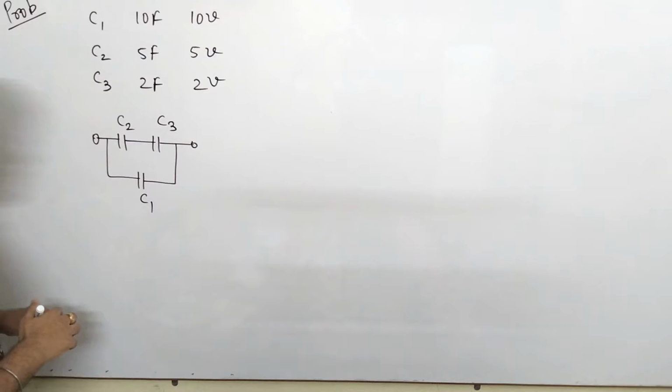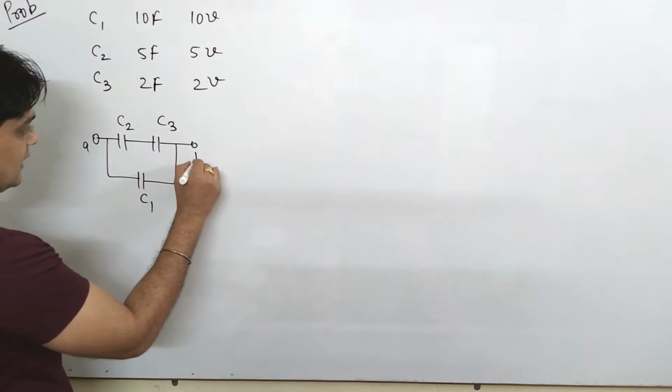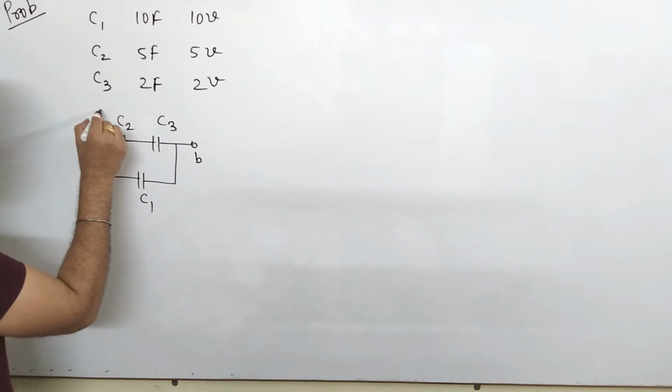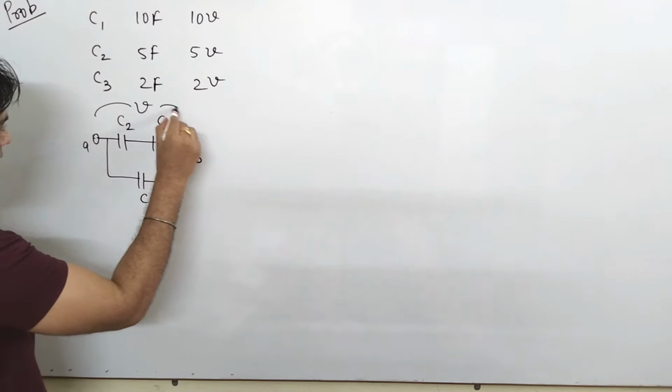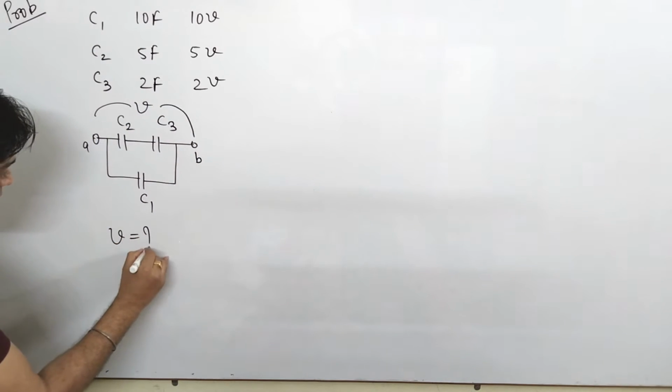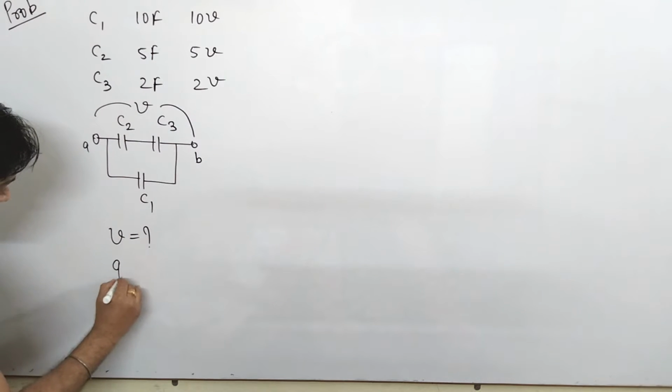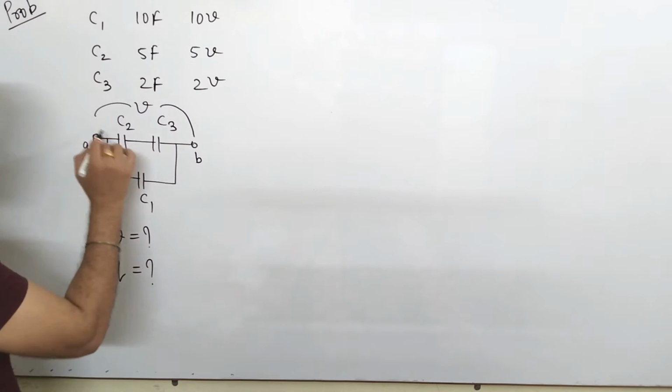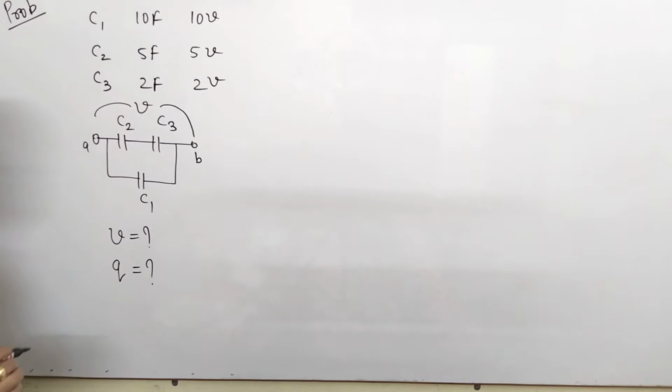If I say these terminals are A and B, and a voltage V is applied across this combination, you basically have to find the value of V and then the value of Q across this combination. So this is your question.